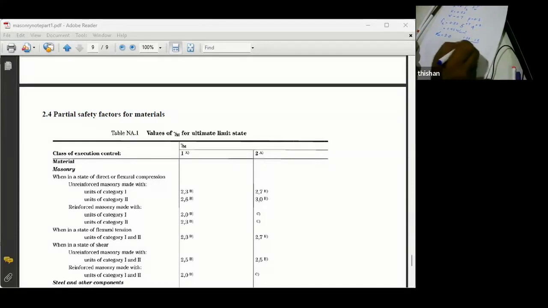So we have increased the loads by 1.4, and we are dividing the strength by 3. So the overall factor of safety is 3 into 1.4, so it's over 4.